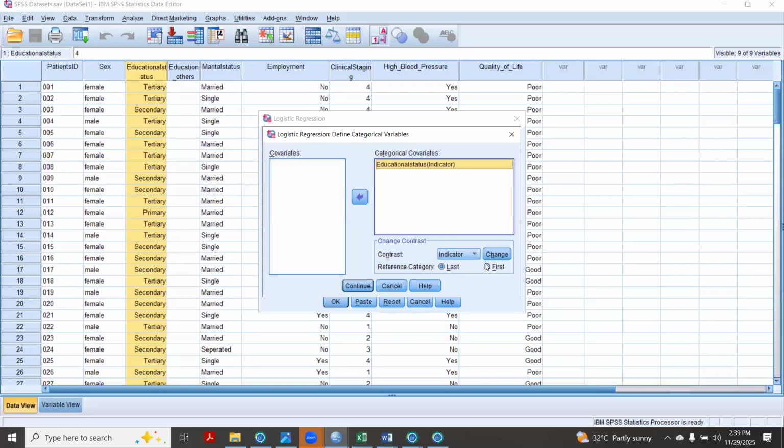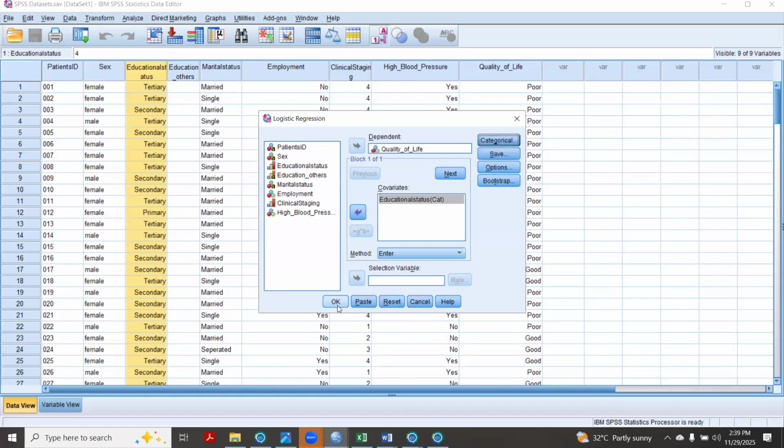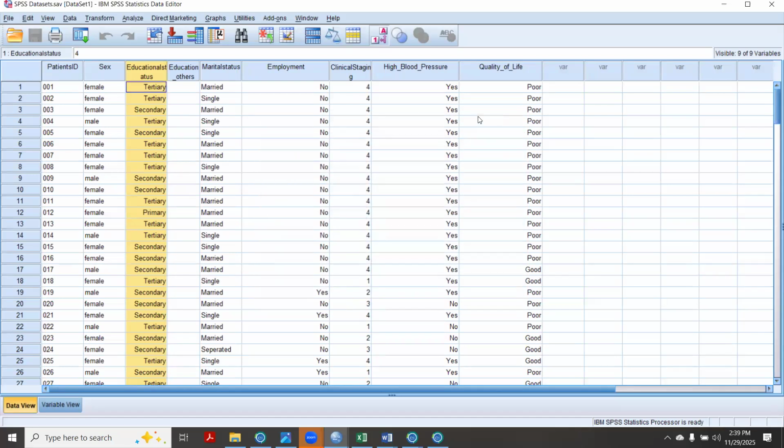Is it 1, which is first, or is it 4, which is last? Is it the no formal education, or is it tertiary? So you make a decision which should be your reference, then you continue. As you see, reference category, you continue, and you now say, okay. So you specifically choose a reference value when you have more than 2 values. But if it's just 2 values, by default, SPSS will make 0 your reference value.